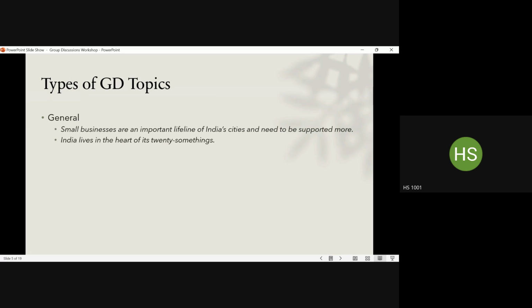What are the different kinds of GD topics? Some GD topics are general in nature. They're concerned with general knowledge or awareness. They do not specify anything. Okay? Not about a specific context, not about a specific case, but it does require you to have a certain degree of general awareness.